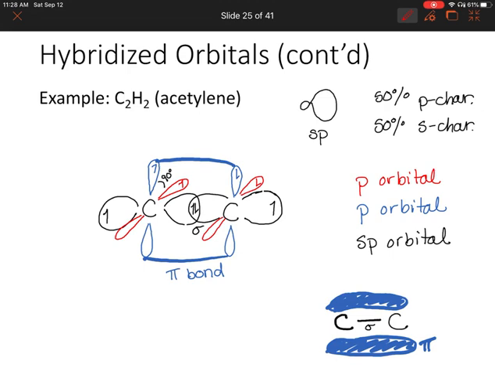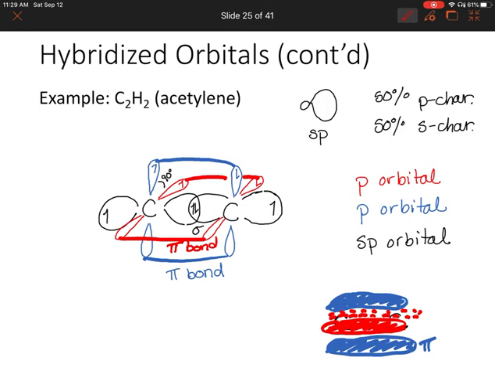And these are also going to form pi bonds, or a pi bond, excuse me. And so that will also show up as a cloud in front of and then maybe behind the molecule. So it almost looks like you have hot dog buns just surrounding the carbons. There's one on top, one on bottom, and then there's one in front and one behind. So that's what those pi bonds look like.